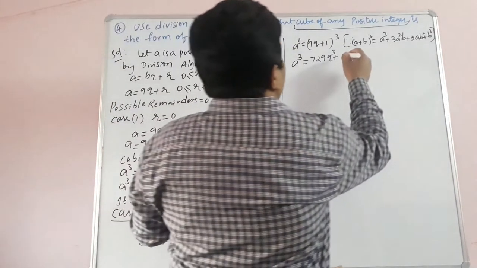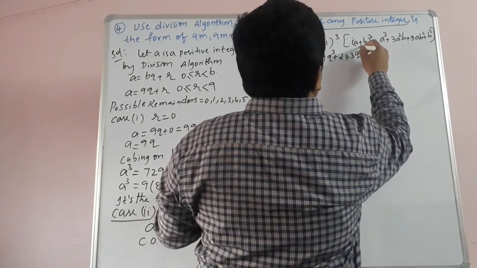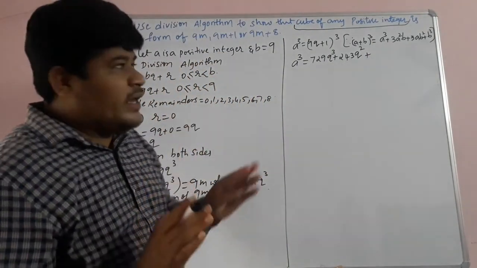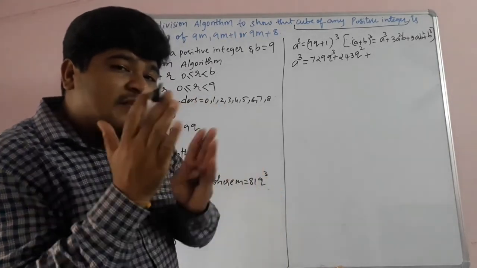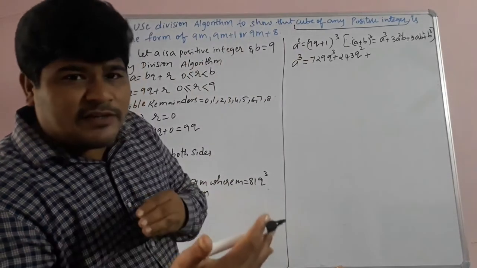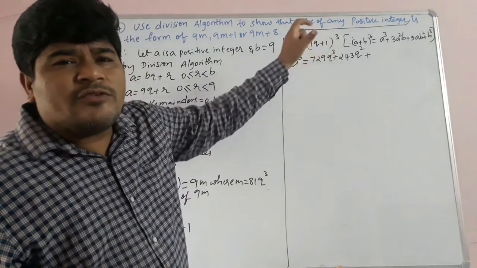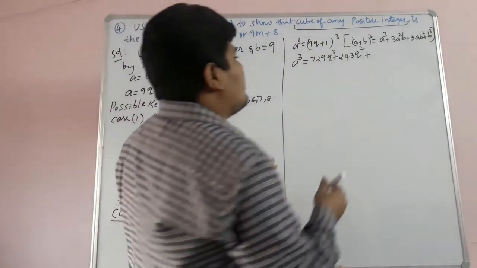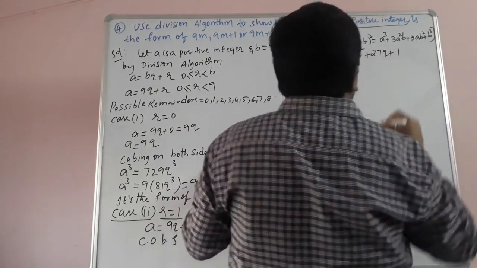So children, 243 q square into 1, that is 243 q square only, plus 3ab square. 3 into a, 3 into 9q is 27q, into b square, meaning 1 square, which is 1. 3 nines are 27, so 27q into 1, 27q only, plus 1 cube is 1.